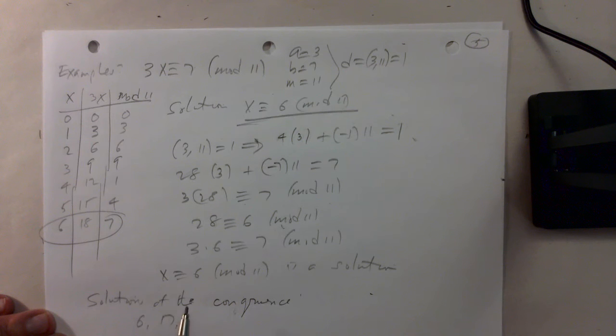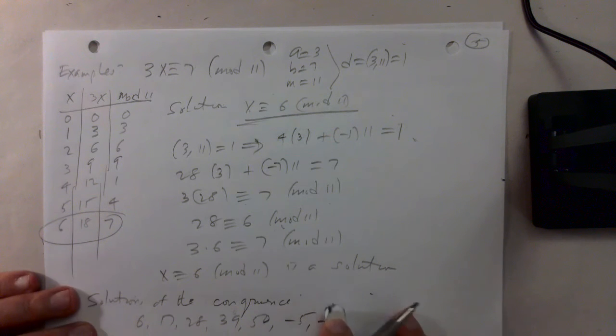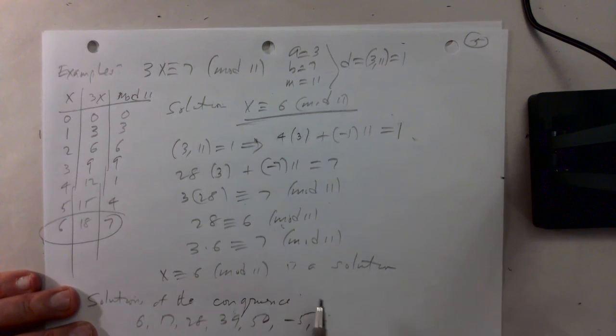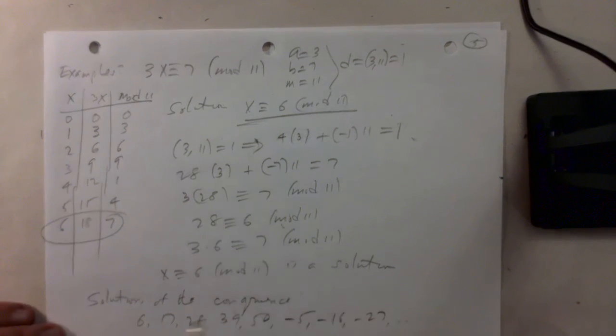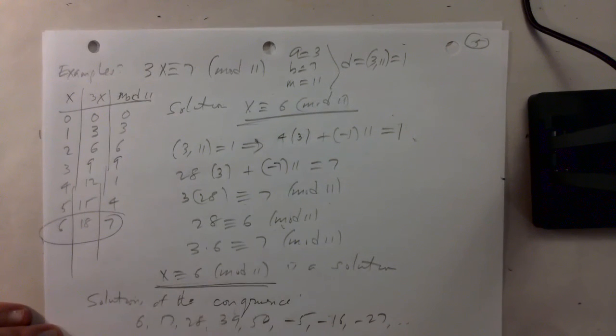Six, 17, 28, 39, 50, minus 5, minus 16, minus 27. Anything that satisfies this congruence is a solution. There are infinitely many integers, but exactly one congruence class.